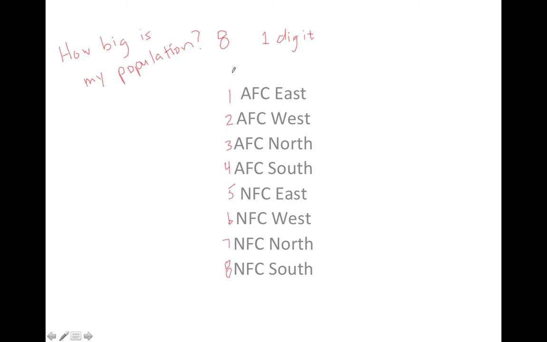And once again, my goal is to get a sample of 3 divisions. So I'm going to go over to my table of random numbers, and I'm going to go across a row of digits until I've selected 3 numbers, and that's going to be the divisions I go with. So let's do just that.